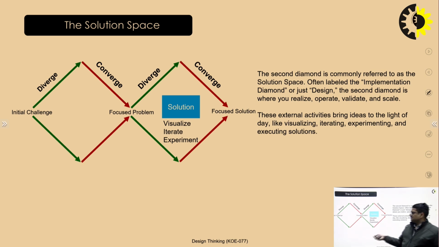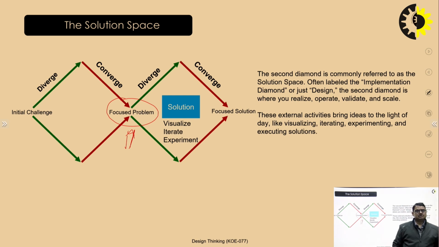So, let us imagine that after the initial challenge, we did the divergent thinking and the convergent thinking, and now we have a focused problem. Now we have a particular problem which we want to solve.